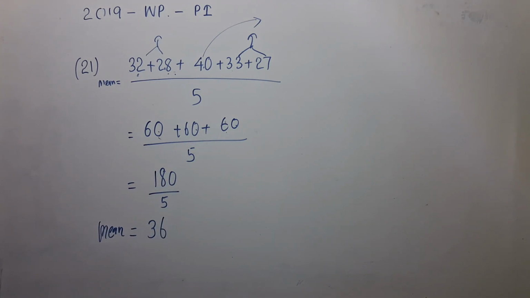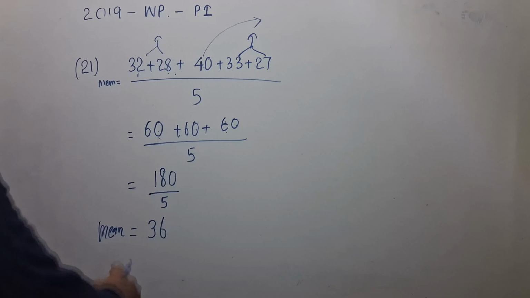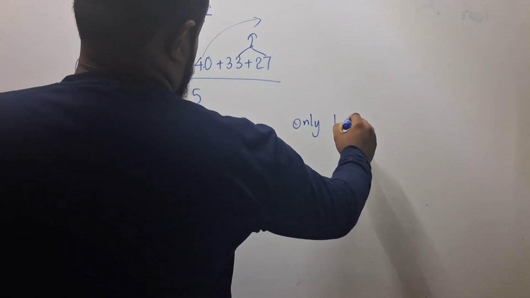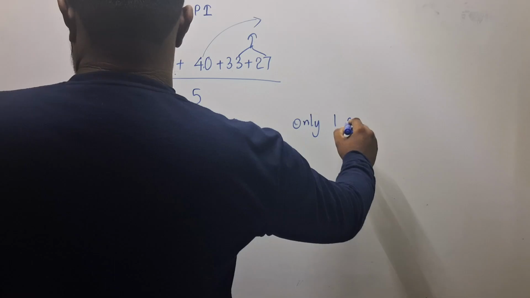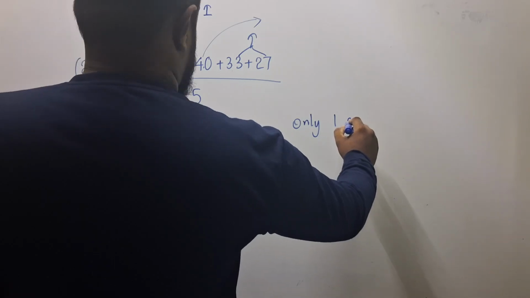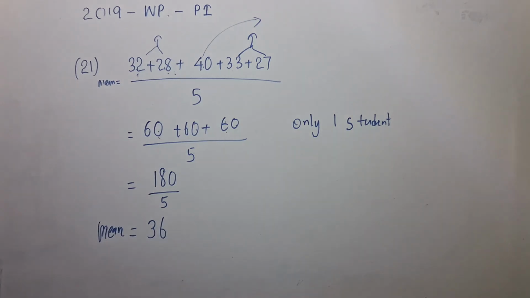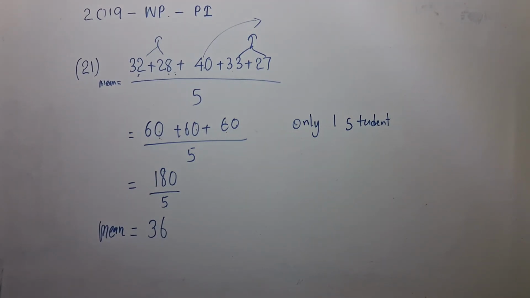Yeah, it may happen. So the answer is the mean is 36. There is only one student. That's the answer for question 21.